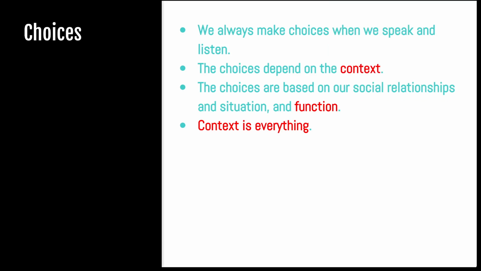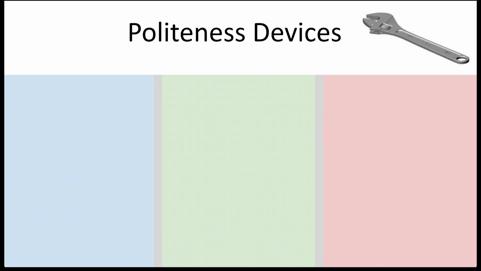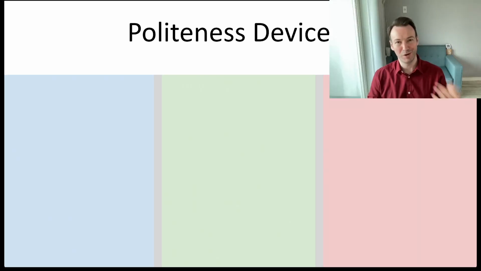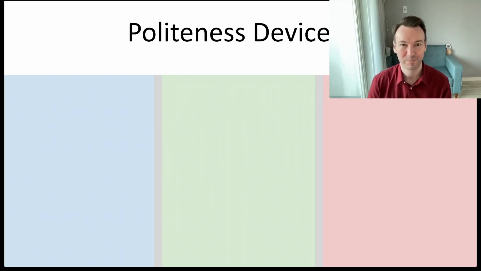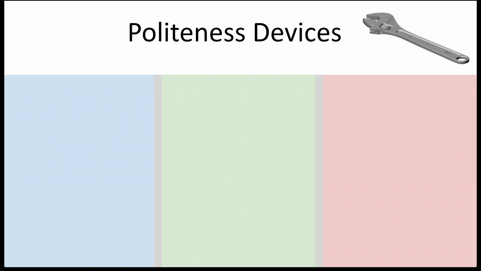So when we need to be direct or when we need to be indirect, what is very useful is having politeness devices. So we can think of this as language tools that you can use. So here is the wrench that is our tool.